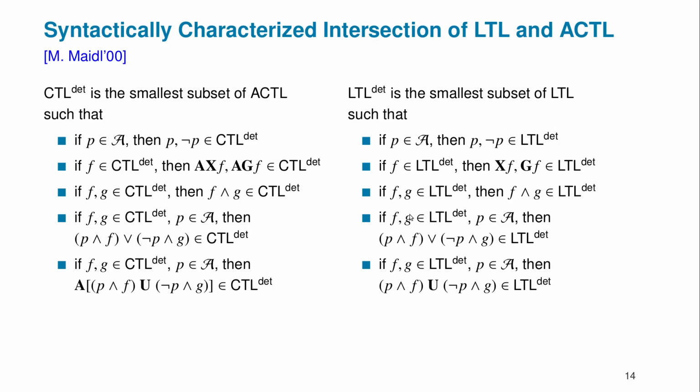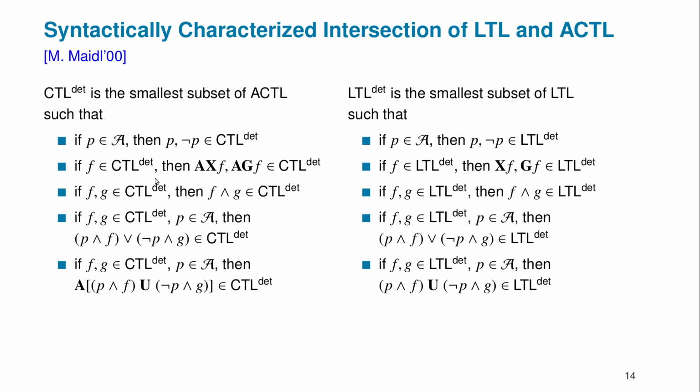And for the disjunction and until, we also introduce a guard using a propositional variable as before. Yeah. So in principle, we have exactly those formulas as we have for CTL det, but just without path quantifiers.